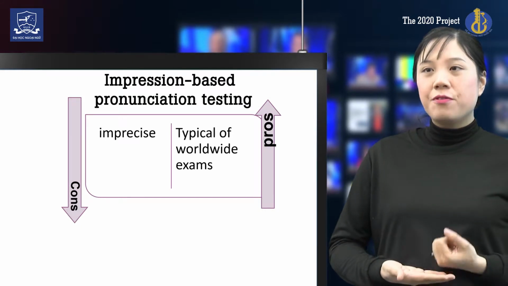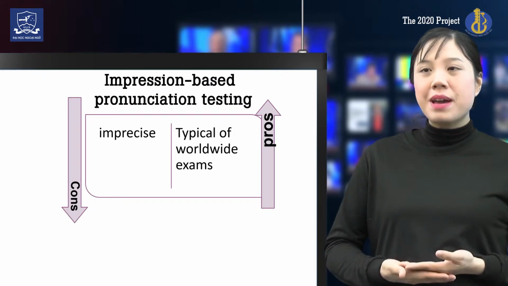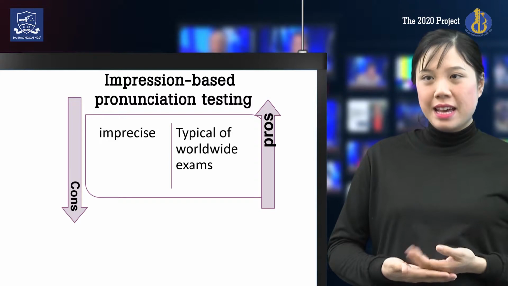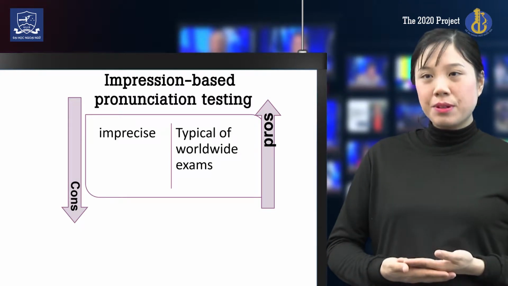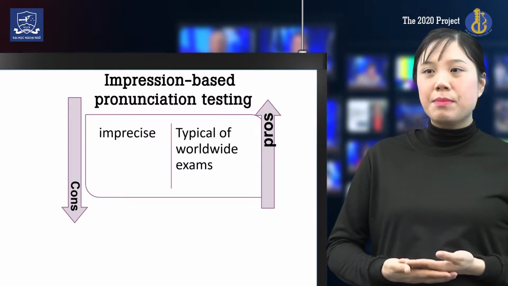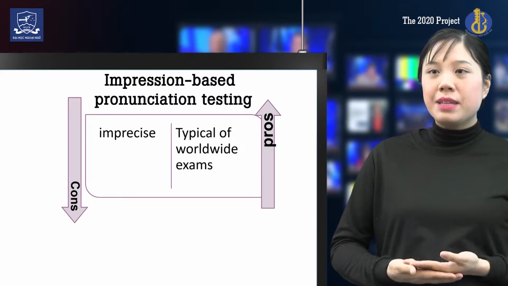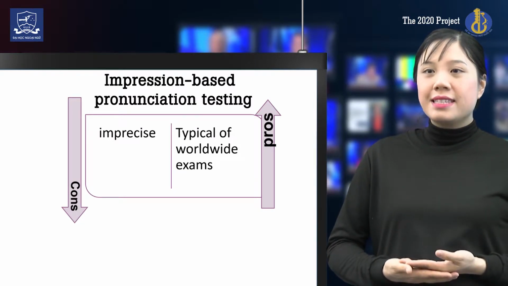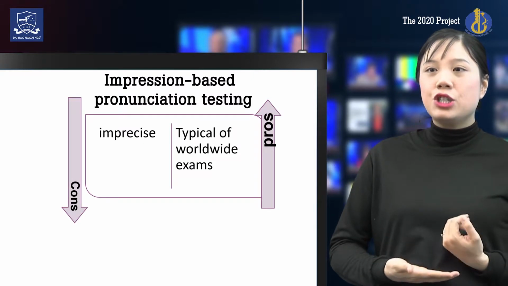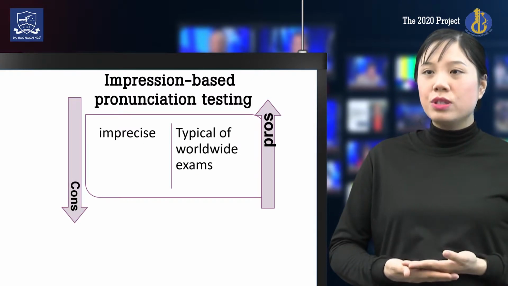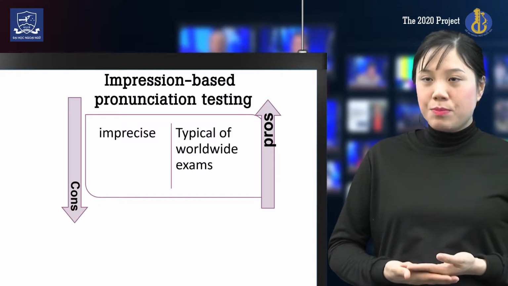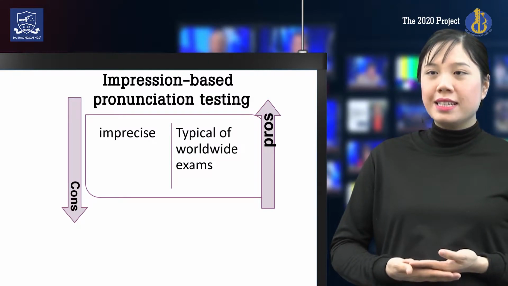What speaks in favor of impression-based pronunciation testing is the fact that it is typical of many international examinations in English, like the Cambridge English Examinations, where the assessor evaluates intelligibility and the amount of strain a candidate's pronunciation puts on the listeners.